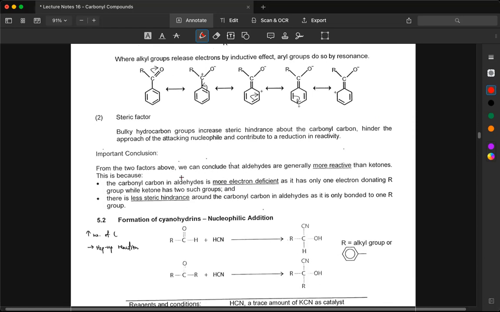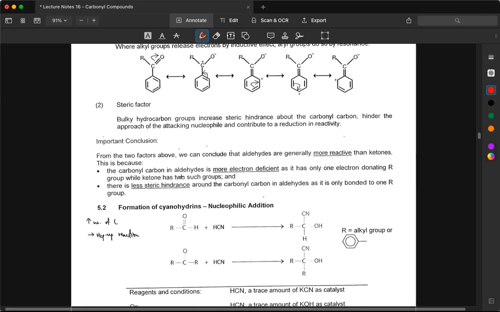This is because the carbonyl carbon in aldehyde is more electron deficient, as it only has one electron donating group, and ketone has two. And compared to ketone, aldehyde experiences less steric hindrance around the carbonyl carbon because it's only bonded to one R group.